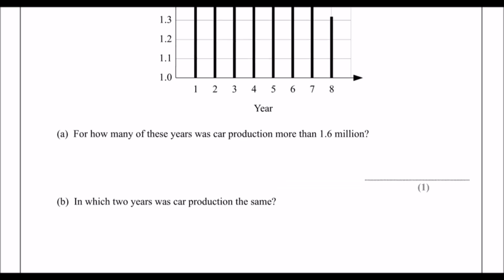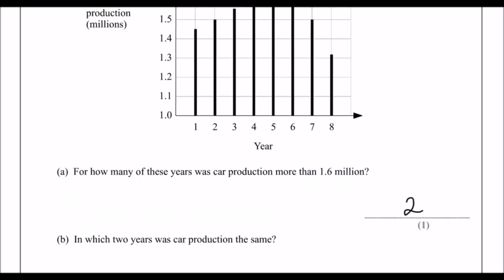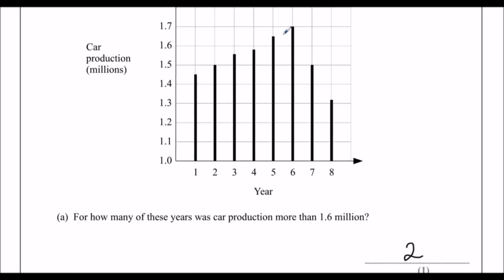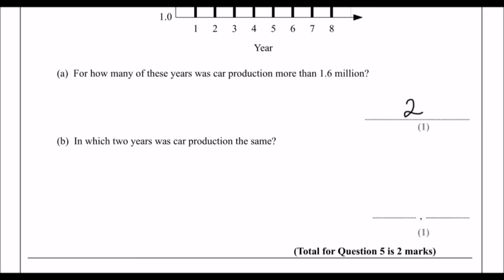So for how many years? 2. In which 2 years was car production the same? So car production was the same in year 2 and year 7. They're both 1.5 million. So year 2 and year 7 have the same car production.